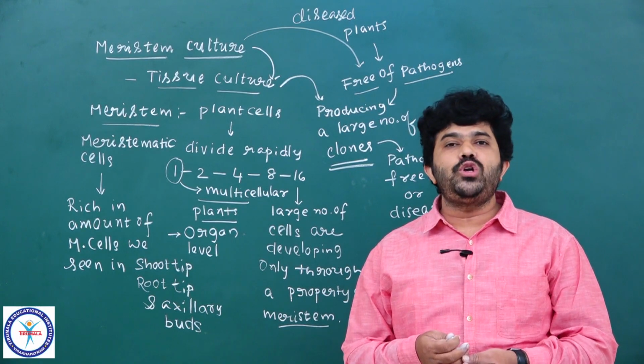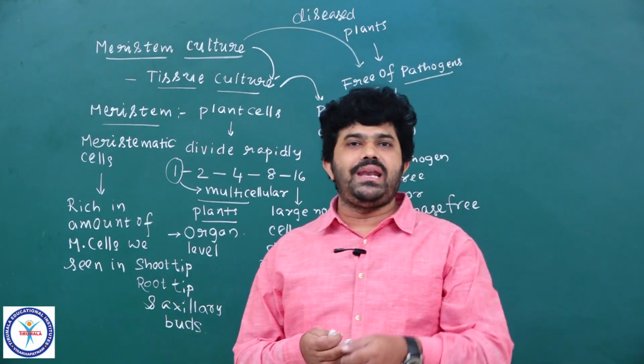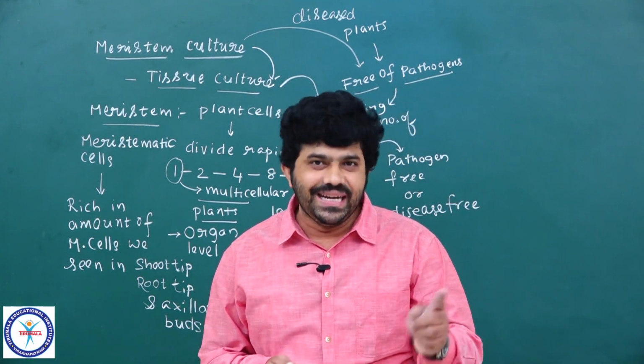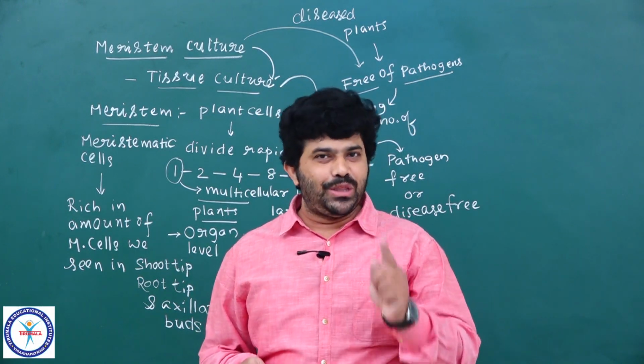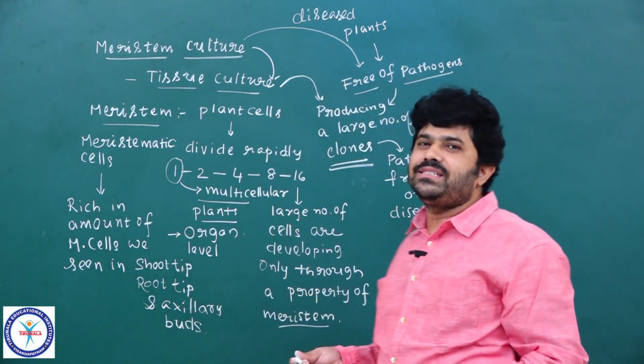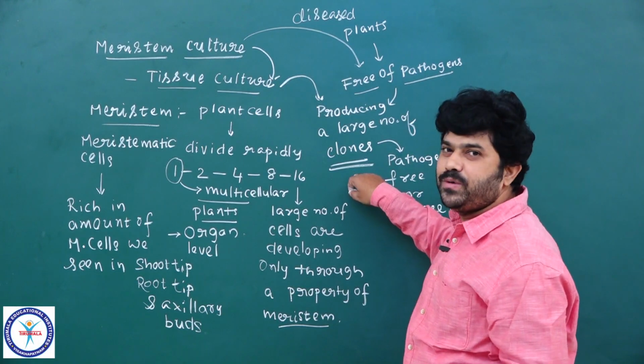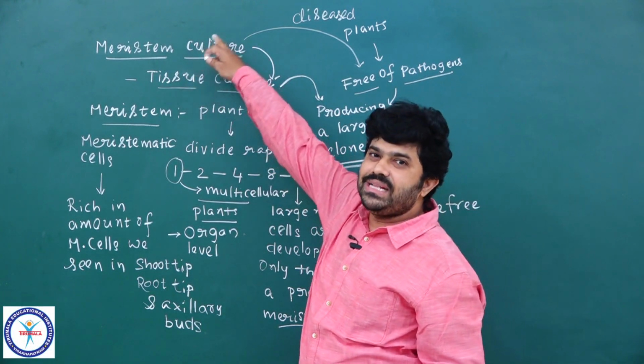That's why we want to produce young copies with a desirable character like high yielding, without diseases and pathogens. Such plants we produce as clones from meristem culture only.